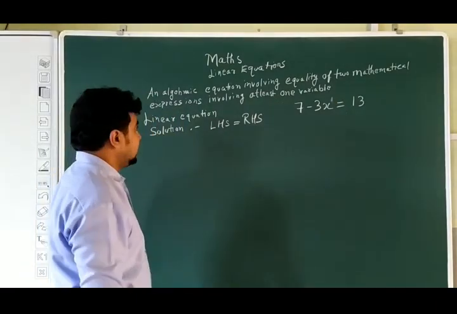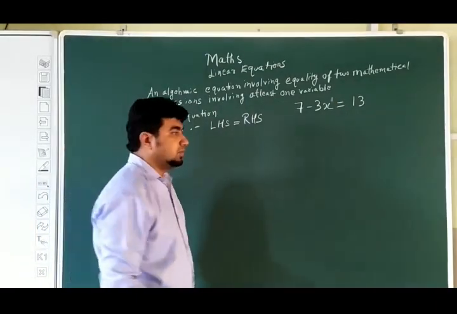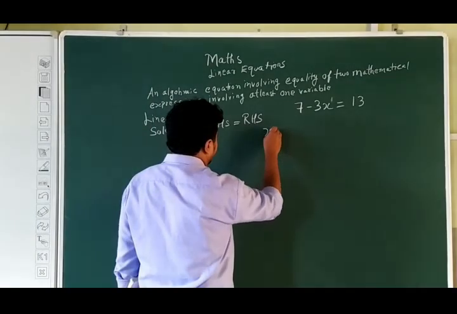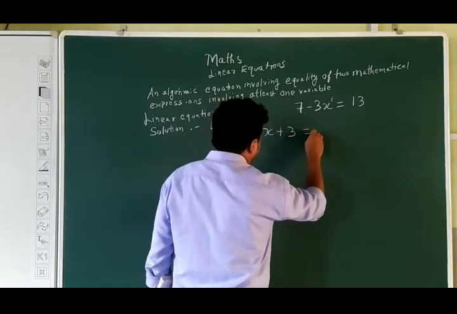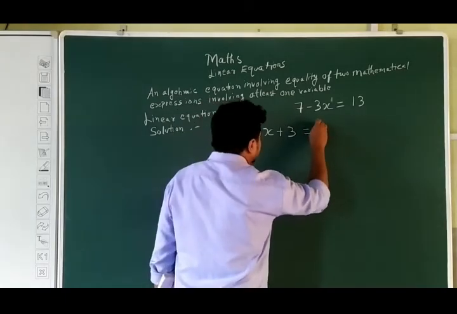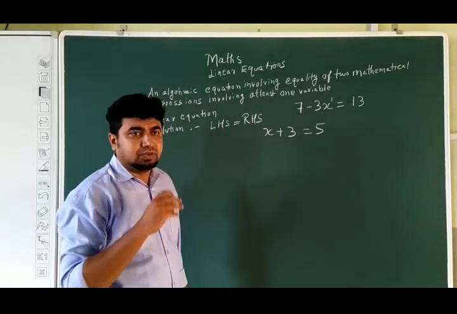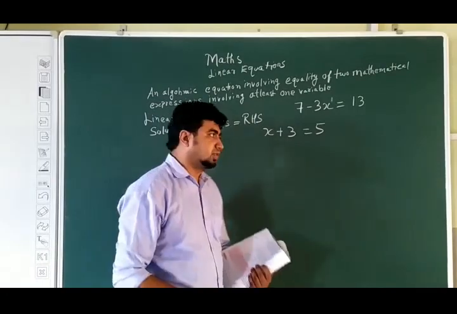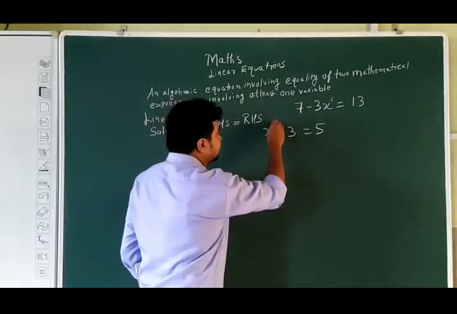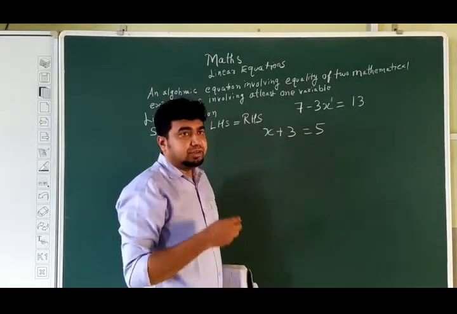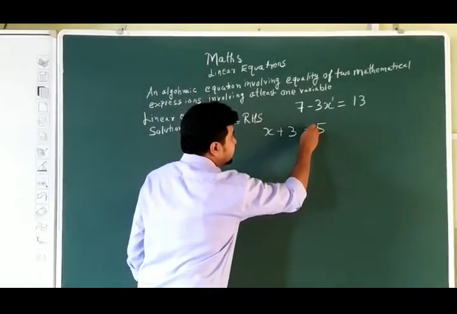Now the solution part, what is known as solution? If I am saying x plus 3 is equal to 5, what is known as solution? Here first of all it is a linear equation because the power of x is 1, and an equation because the equality sign is there.